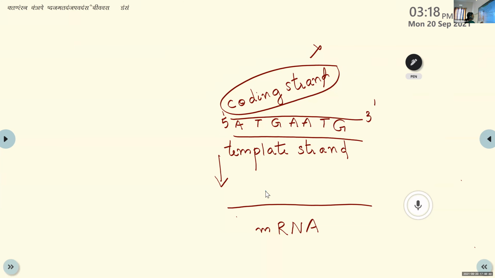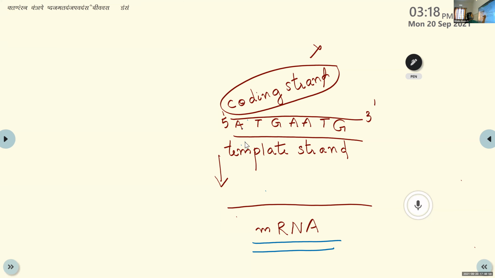They have asked you to find out, in messenger RNA or the RNA transcript, what will be the information? By knowing this alone, we cannot find it out. What you need to know is that in the template strand, these 2 are complementary.